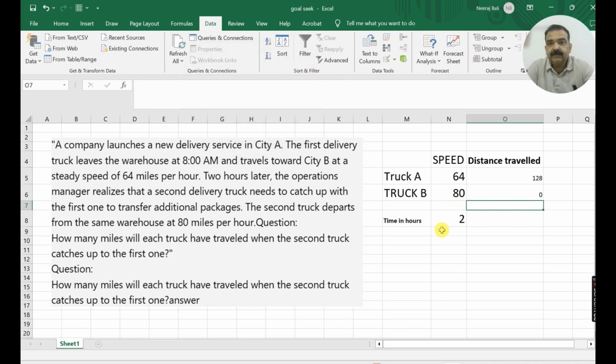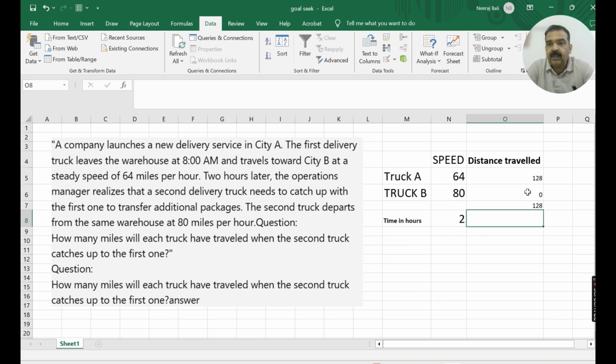One second. Let me calculate the difference also between 128 minus 0.